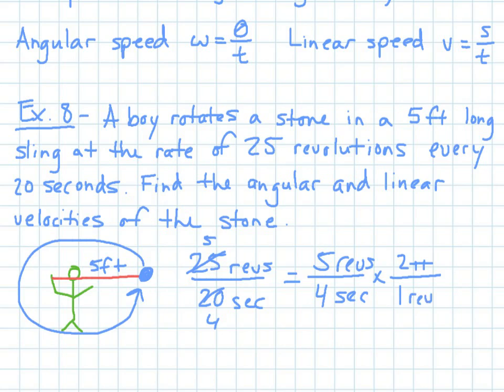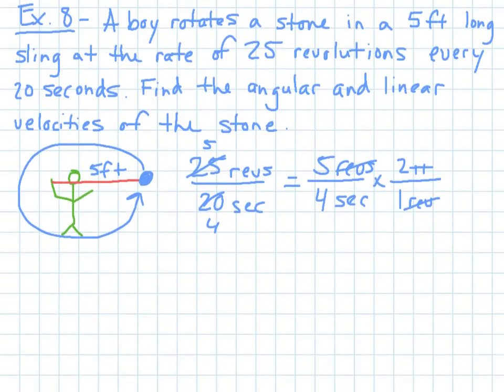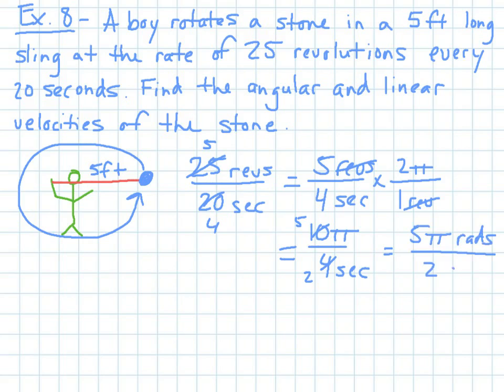Same kind of conversion, so the revolutions cancel out, and then you multiply across. So I get 10 pi over 4 seconds. And I can reduce that. So you can say 5 pi rads over 2 seconds. So that would be the angular velocity.